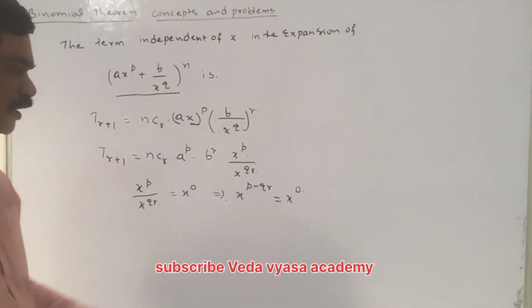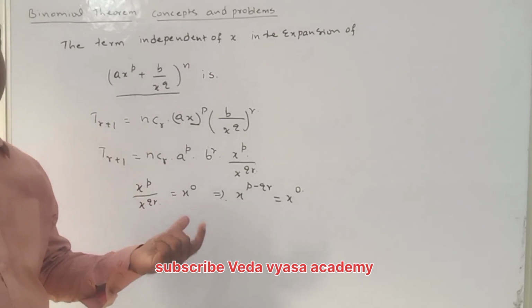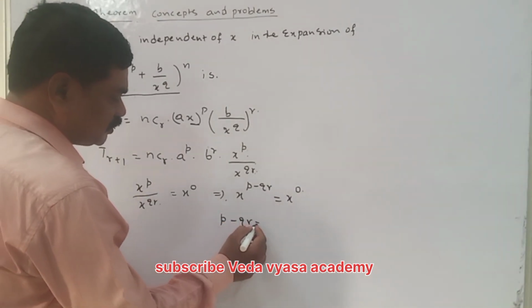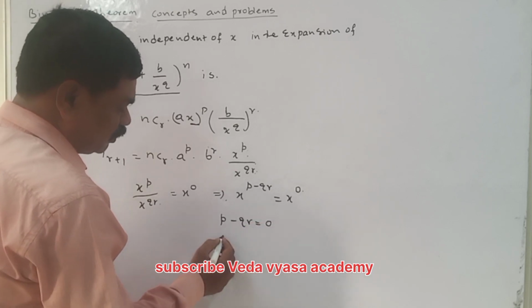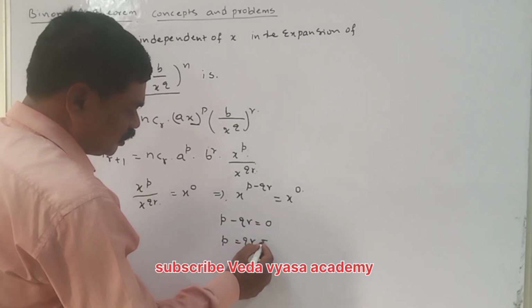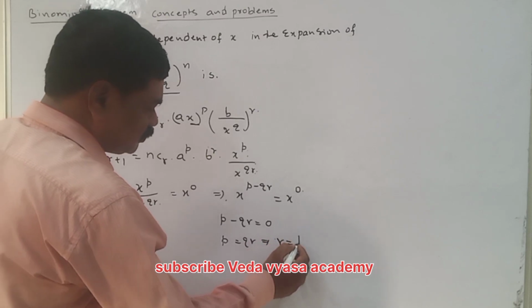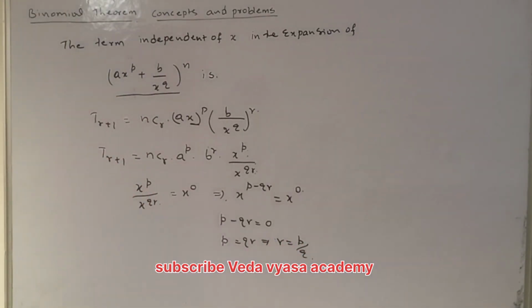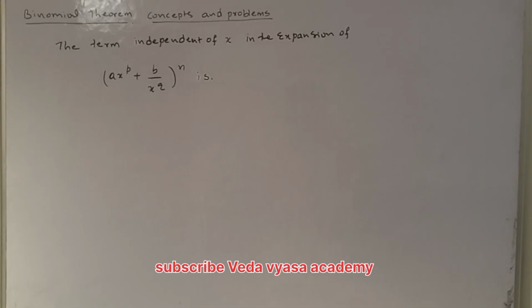Independent of x means x^0 is there. So p minus qr is equal to 0, p is equal to qr, then r is equal to p by q. We have the independent term.